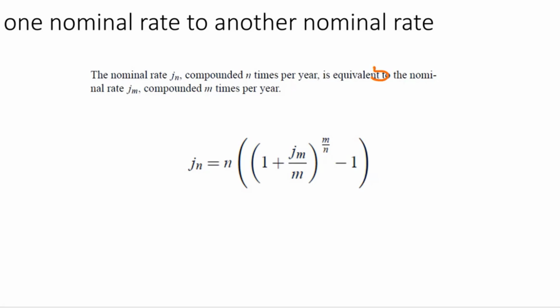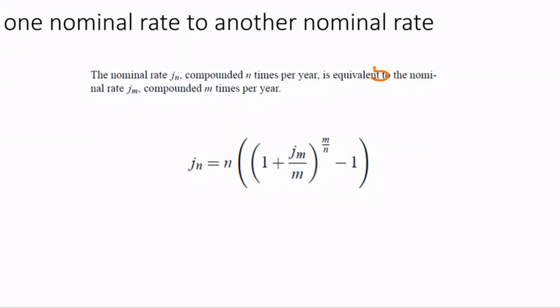You will be quoted a quarterly rate, and your payment periods are monthly. So you want your payment periods to be similar to your interest rate. You want to convert your interest rate to be similar with your payment period. So now this is what is happening here.